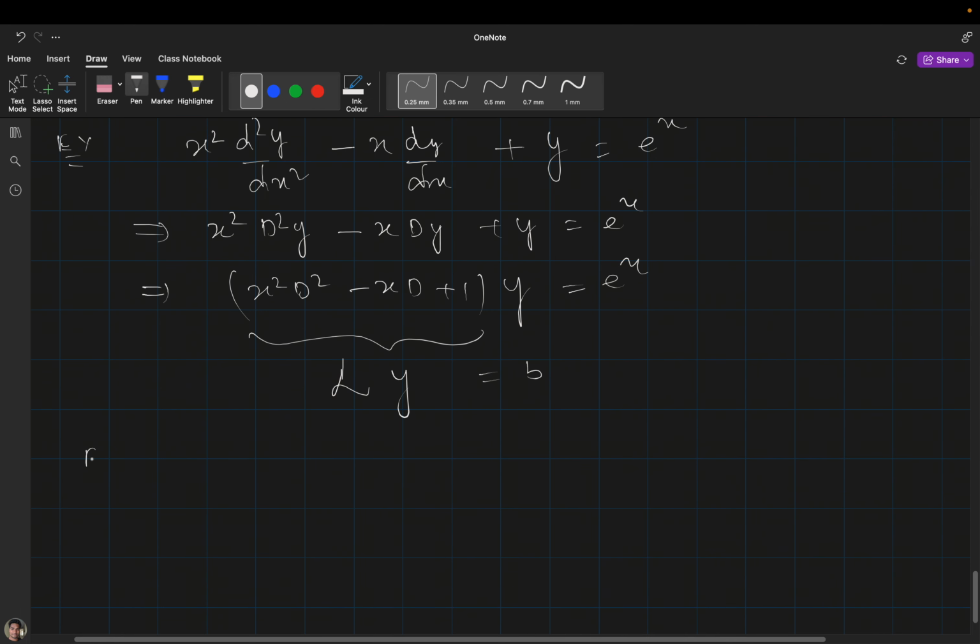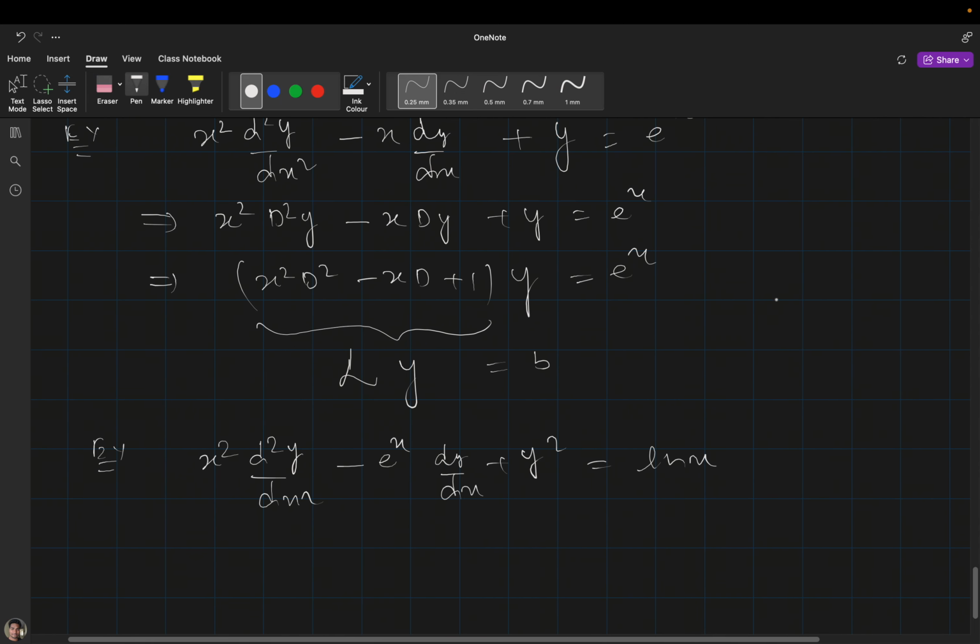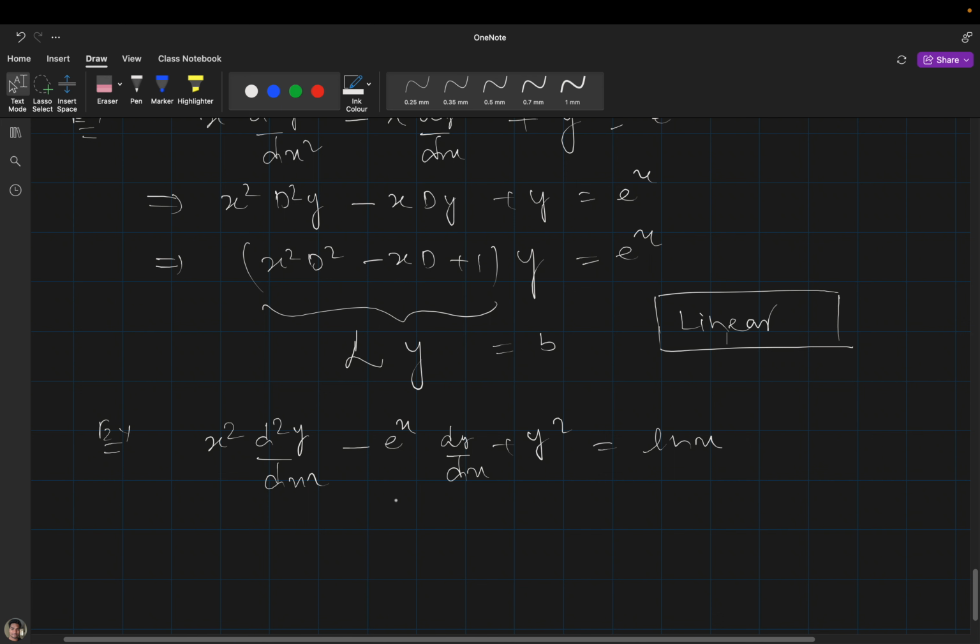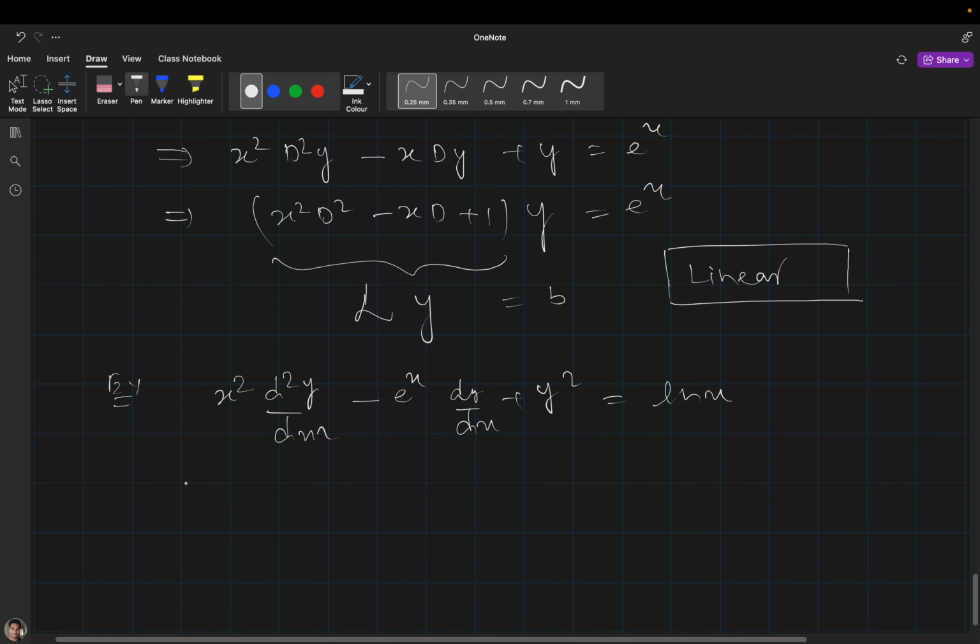Example number 2: x square d square y by dx square minus e raised to the power x dy by dx plus y square equal to ln x. Is it linear or not? Not linear, because the y square term is there.